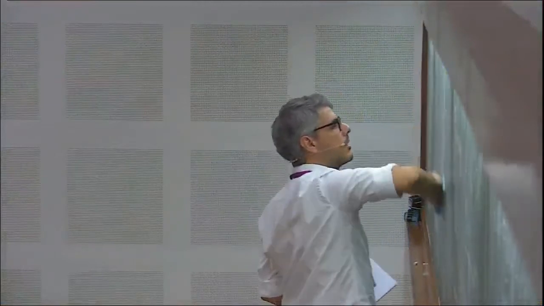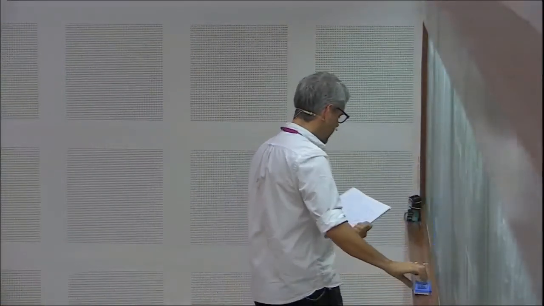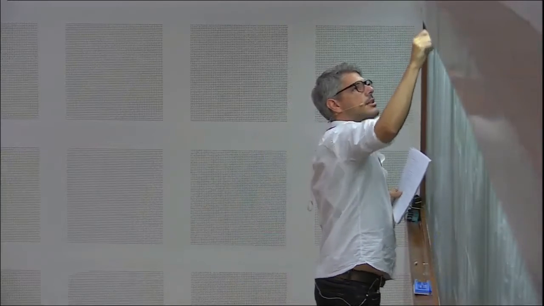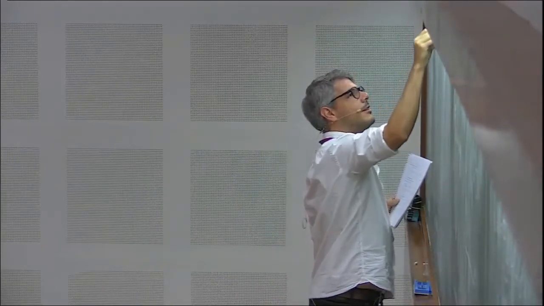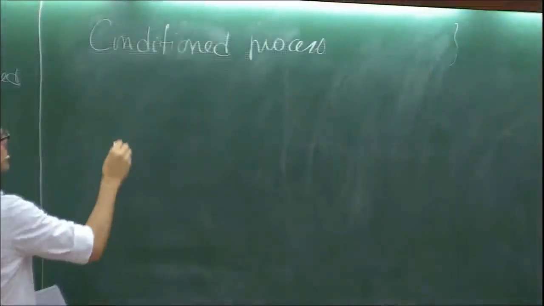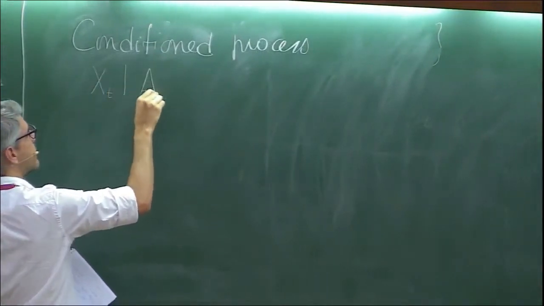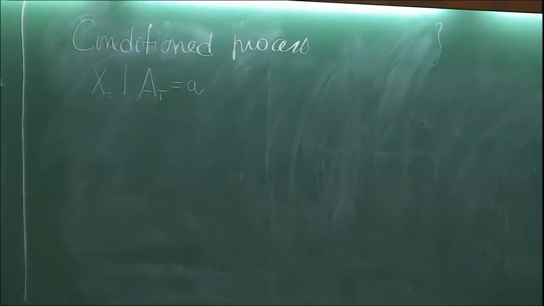Okay, so now I'm going to define the conditioned process, and then I'll get to the main result. So the conditioned process is just what I've erased there, actually. So I'm going to put that picture again. Just as a notation, this is not a definition, but the conditioned process, as I explained, is that you take your process and you condition it on some value.